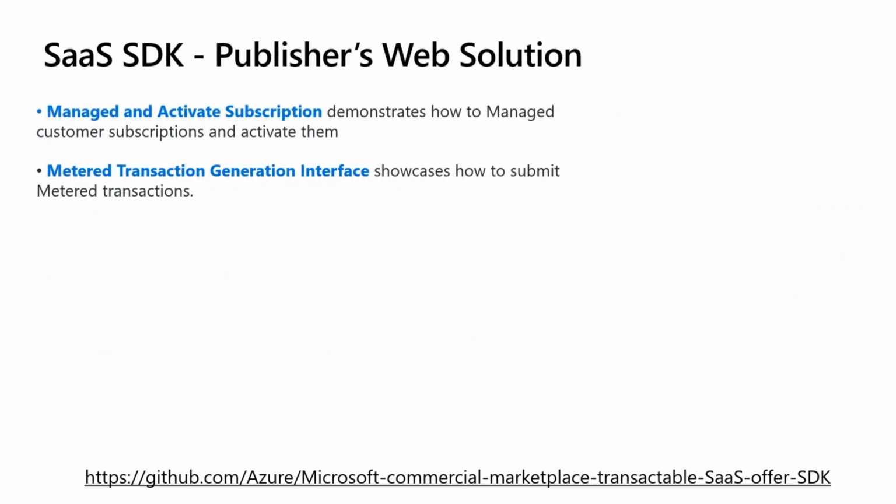Then we also have the publisher web solution, and this is an example you can bring to manage and activate those subscriptions that are coming from Marketplace. So it shows you how to do that. And the part that is even more relevant is the meter transaction part.